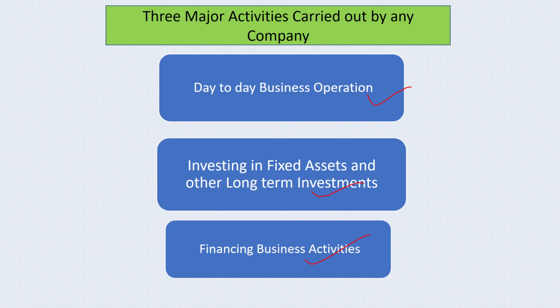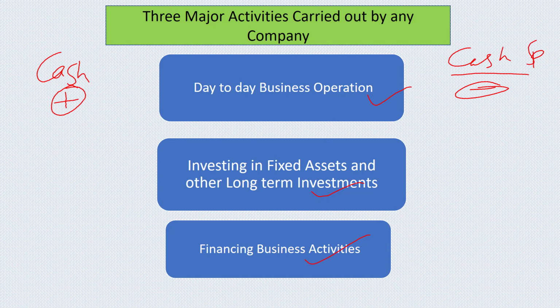Cash received is a plus sign, and cash spent is a negative sign. Every cash receipt increases the cash holding of that company. On the contrary, whenever it spends cash, it reduces the cash holding.